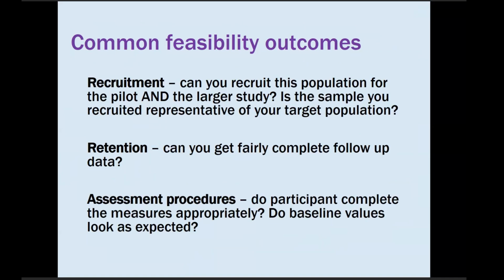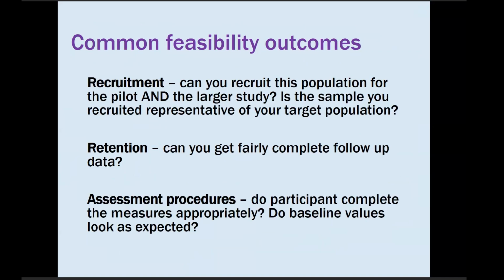And so I would just never take anything for granted, because it might seem like, oh, why do you need data on these types of things? But it's so important because you don't necessarily have data on the population that you're recruiting, even if you're using validated measures and things like that.